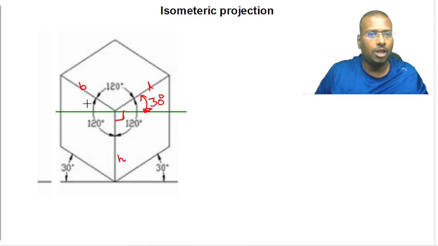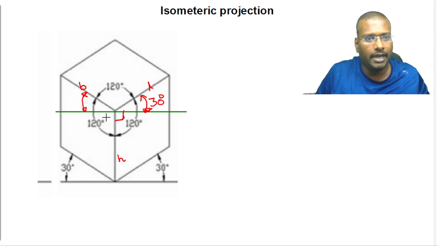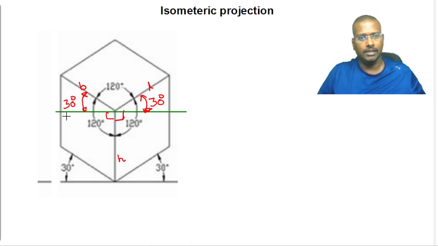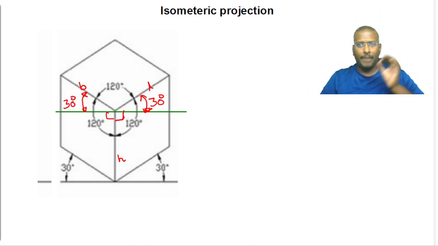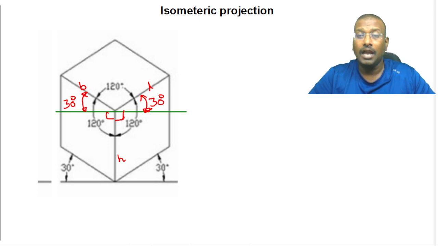Similarly, breadth, how much is it making? Same matter. If it is 120 degrees between B and H, the angle between horizontal and height is going to be 90. Therefore here also we are going to get 30 degrees. So here if you observe, the breadth line is making 30 degrees, and the height line is also making 30 degrees.